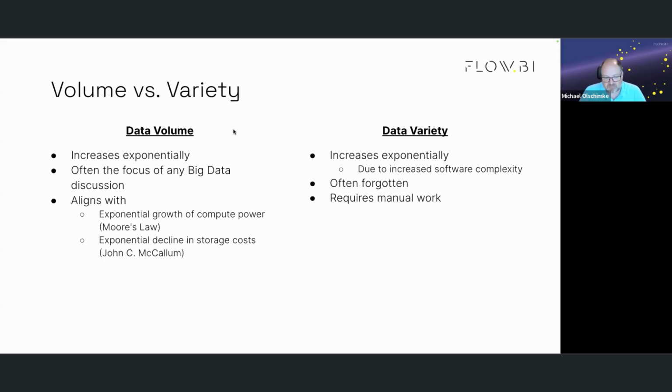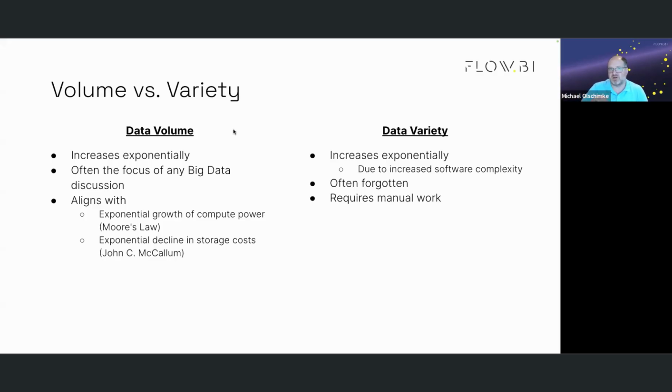And the good thing with volume actually is that volume aligns with the exponential growth of computer power. There's Moore's law, right? Moore says that the number of available computing resources to your individual team, or to the industry, is increasing exponentially as well.